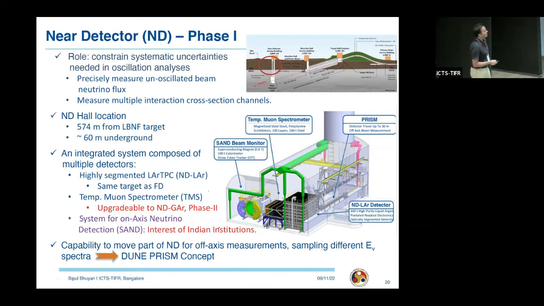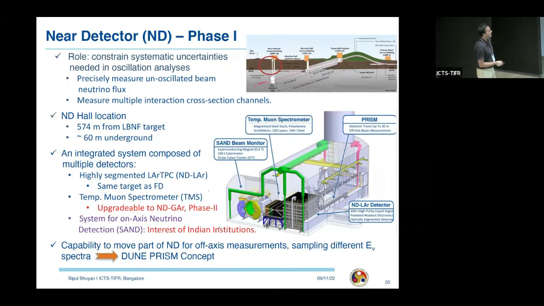That's going to provide the same target as the Far detector, and that is this block here. Then there's a temporary muon spectrometer, which is going to follow the liquid argon TPC, shown here in this small block diagram. And that is going to be upgradable to ND-GAR, the gas argon TPC, in phase 2 of the program. As of now, that's the plan.